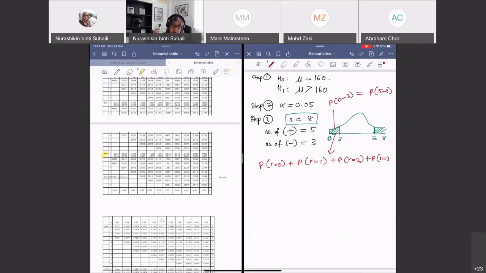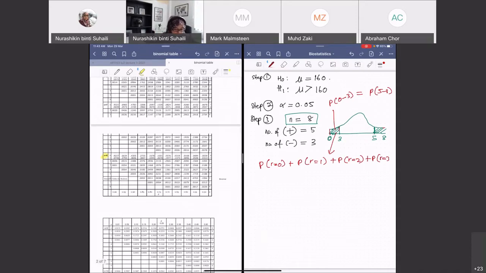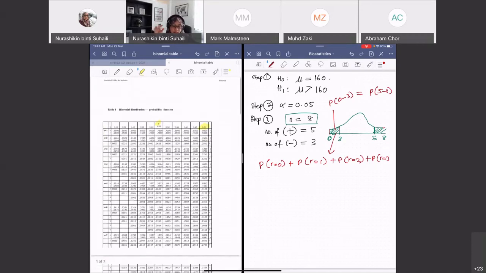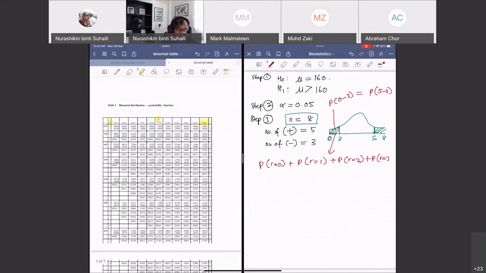To find that area, we have to refer to the binomial table. R is also, in this case, X. In the other table it is denoted as R, if I'm not mistaken, but it's the thing that you are analyzing at that point. I hope you understand that. This X is also equal to R.